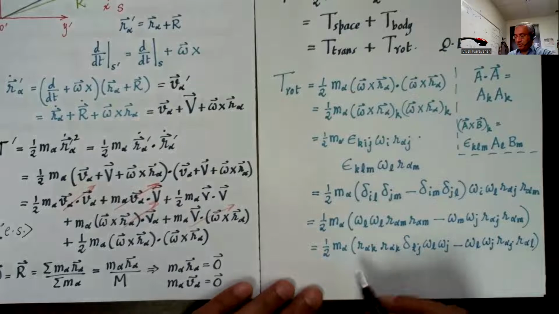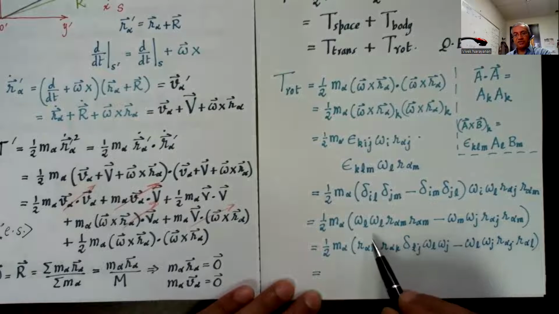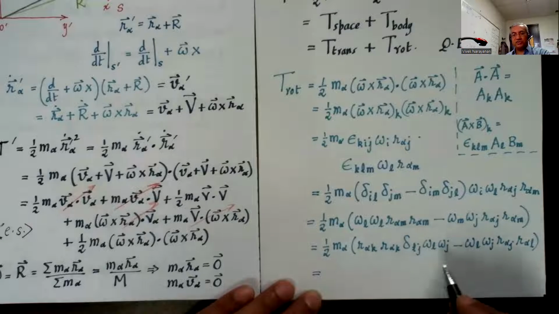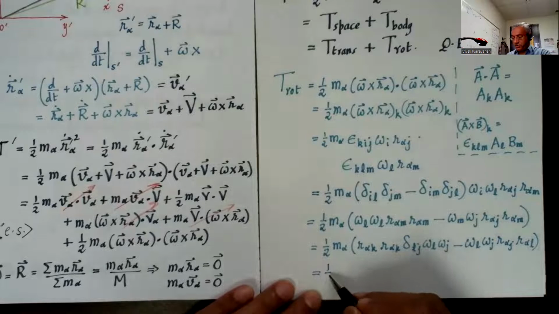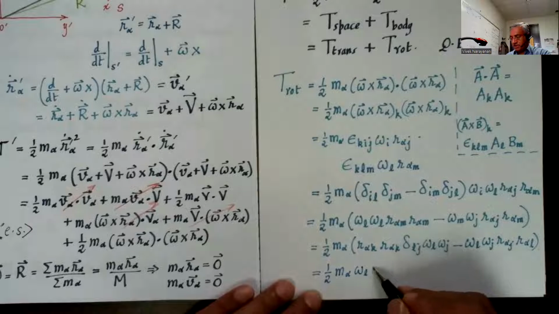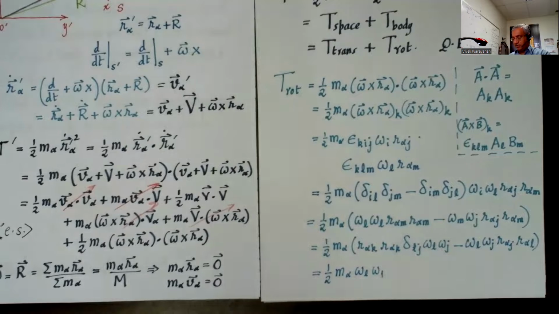So we're almost there. You observe that all this has been done so that I could take out omega squared. Here I could not have taken omega squared outside, because this is omega L, and that is omega M, omega J. In fact, I'm taking out omega L, omega J next. So 1/2 M alpha, omega L, omega J, times a bunch of stuff that will become our inertia tensor.